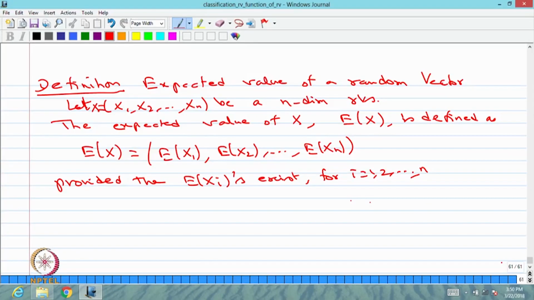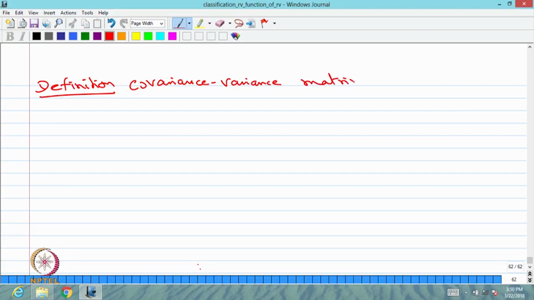In the same way, we are going to create a matrix whose elements are the variances and the covariances between any two random variables. That is the next definition: the covariance variance matrix.